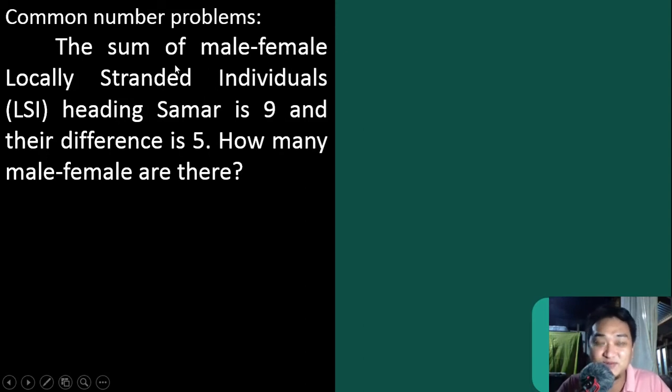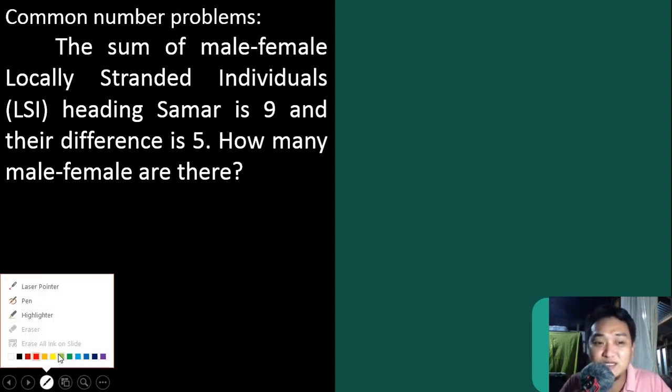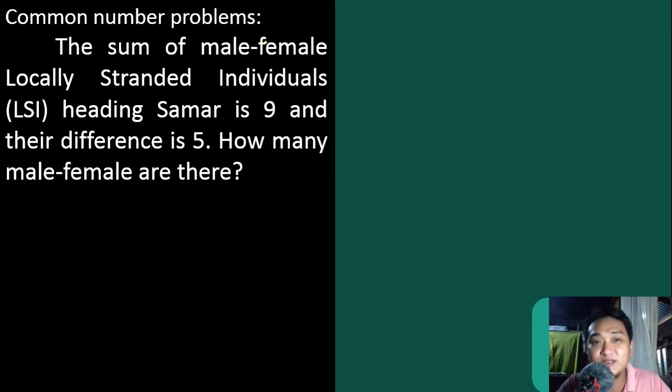So, una muna, syempre, ang gawin natin, let us try to chop and let us try to understand each of the phrases or sentences para mas malinaw yung magiging linear equation natin. The first phrase or sentence that we are going to express as linear equation is the sum of male-female LSI is 9. And the second statement is their difference, that is the male-female LSI, is 5.